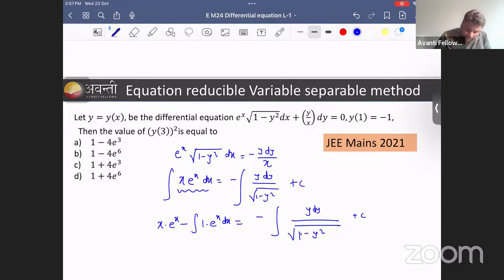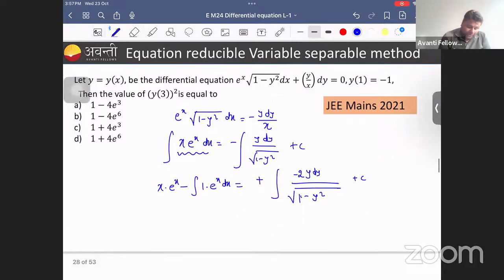That's constant. Okay, let's do one thing. Multiply it by minus 2 so that derivative of denominator gets converted into numerator. So it is f dash x upon root f x, so answer will be 2 root f x. So it is x e to the power x minus e to the power x is equal to 2 under root of 1 minus y square plus constant.